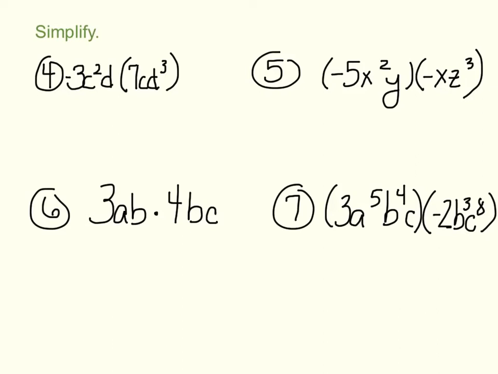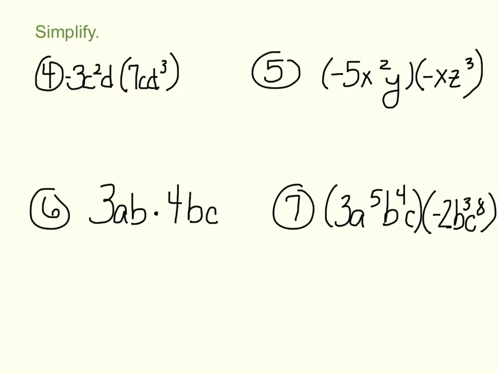You have to use the commutative and associative properties of multiplication to group the constant coefficients together and like bases together.